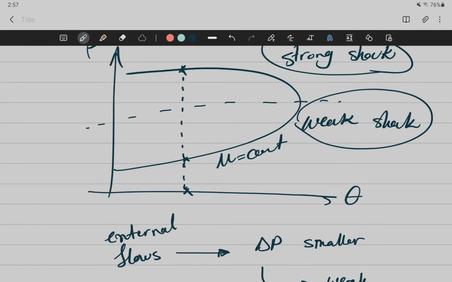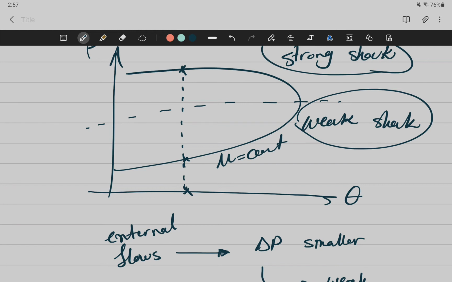So having a strong shock, does that mean it's going to have a higher speed, before the shock or after the shock? After the shock, it's going to have a lower speed, right? Because we have a higher pressure downstream, so we are going to be forced to have a lower speed.